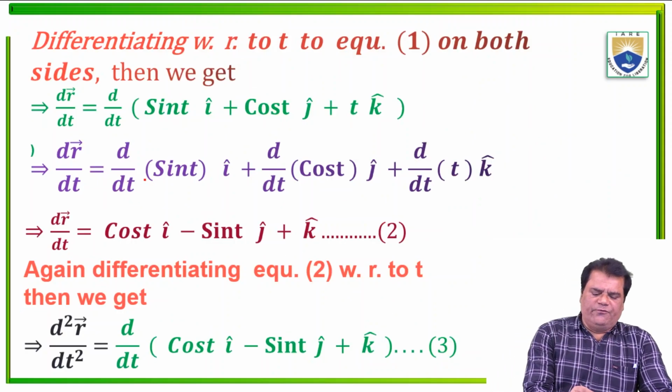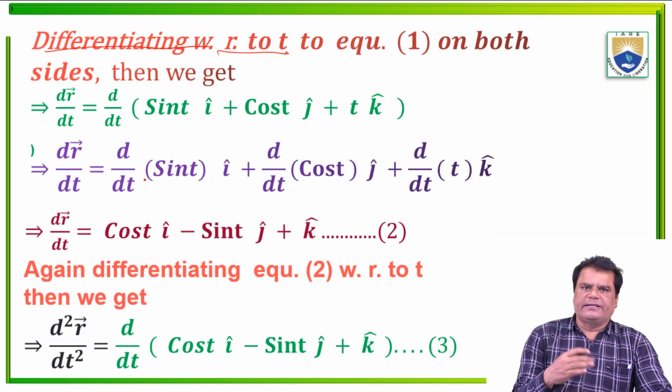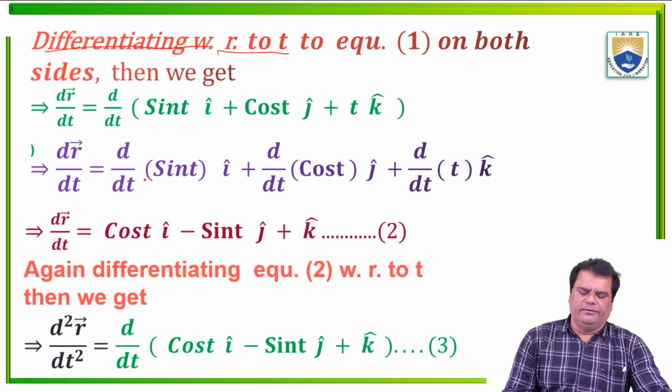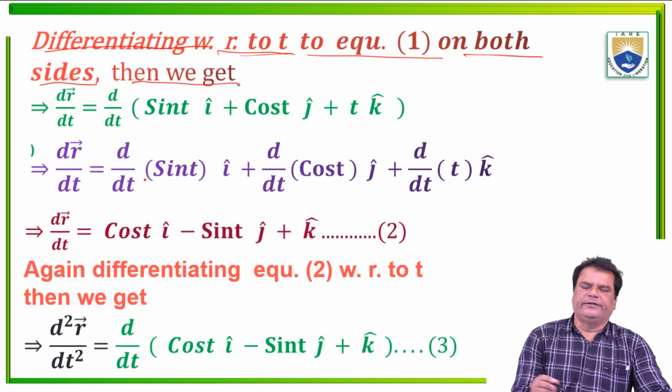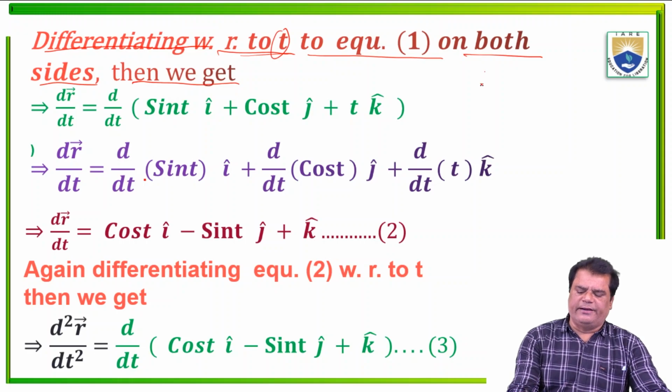So now differentiating with respect to t. This vector r is a function of t. t is some scalar. So differentiating equation 1 with respect to t on both sides, t is scalar here.